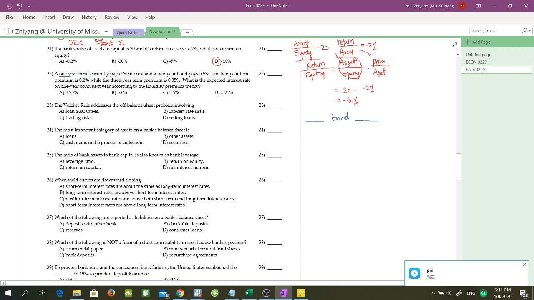In this case, it says this is a 1 year bond. This tells you how long this bond goes for, and it has currently, which is right now. But it can also say 1 year bond next year, as in the question. If it says next year, that means it is 1 year from today.